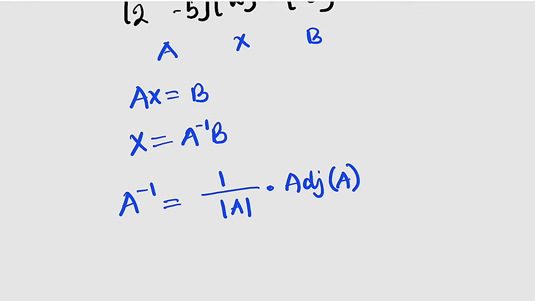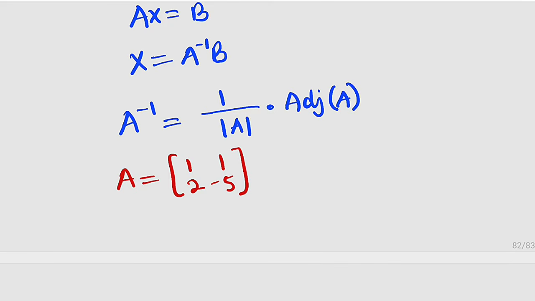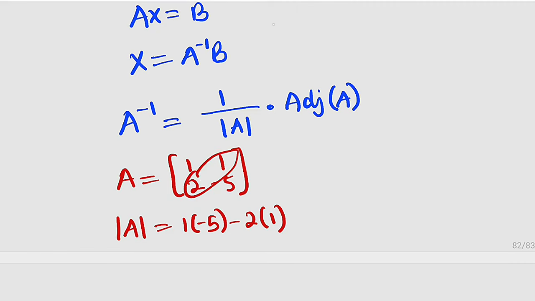So let's start by finding the determinant. Let me repeat the matrix here. Remember, the matrix A is equal to 1, 1, 2, and negative 5. So to find the determinant of this matrix A, you take the leading diagonals, you multiply them together. 1 times negative 5, then minus 2 times 1, this other diagonal.